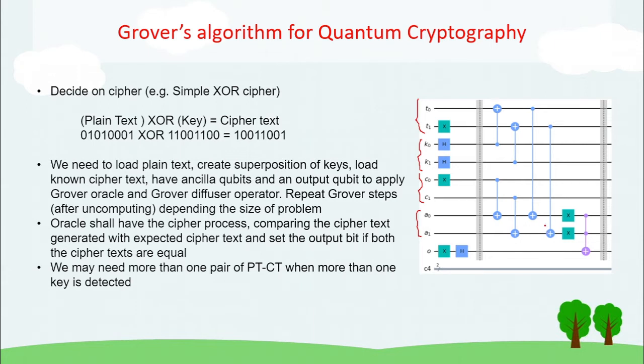So it's not a big problem. We may have to repeat this step parallelly here with the second PTCT combination. Will be doing the same thing, but to set this qubit, we will be taking information from there also. Okay, so that is how it is going to be done. But in this case, we are not going to have such a problem, so we need not worry about that now.